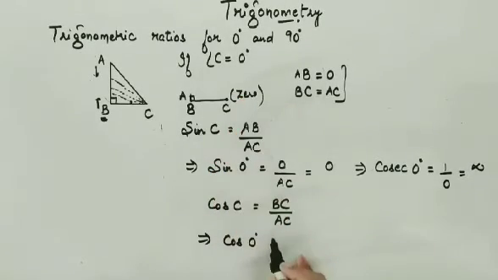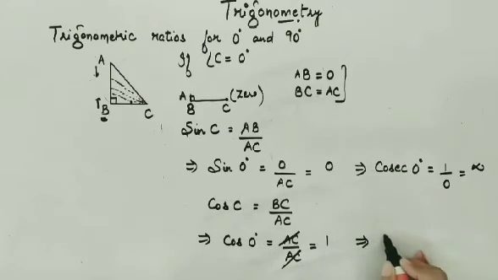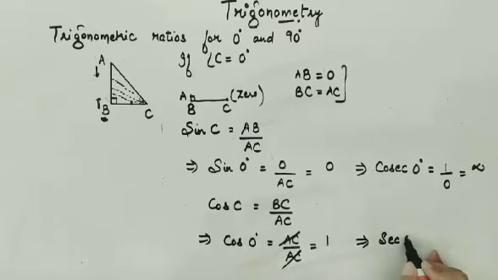C has become 0, BC and AC have become equal. So BC I'm replacing by AC. Already in denominator we have AC. So AC when cancels, it becomes 1. This indicates cos 0 degree is 1, and if cos 0 is 1, what would be its reciprocal? Sec 0. Sec 0 would be 1 by 1, which keeps it 1 again.